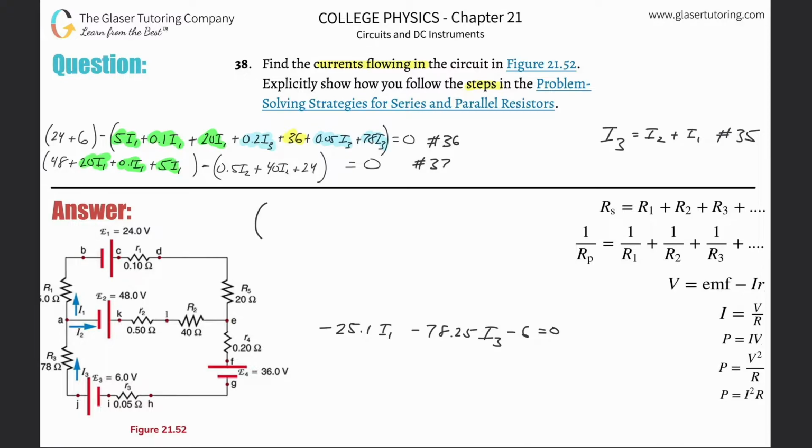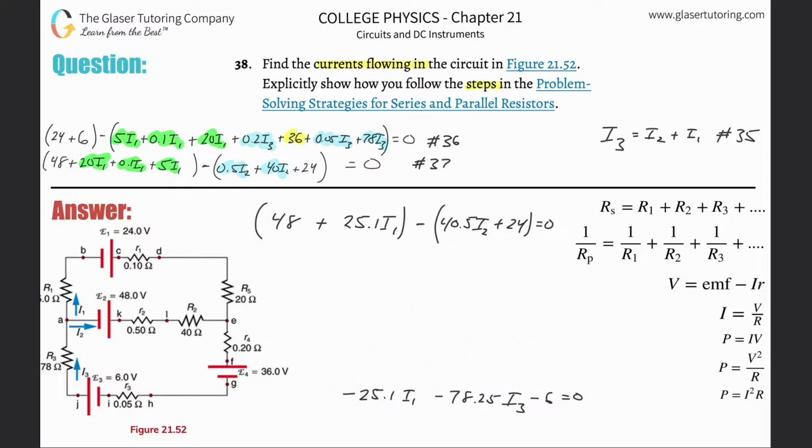So inside that parenthesis will now be 48... it's a weird 4, but 48 plus 25.1 i1, minus, then combining some like terms in here, we have 0.5 i2 and 40 i2. That's simply 40.5 i2, and then plus the 24, and that's all equal to 0. Now let me move this down here a little bit.